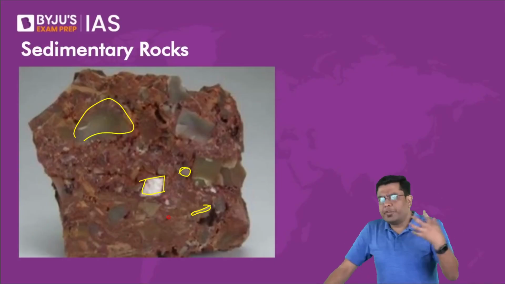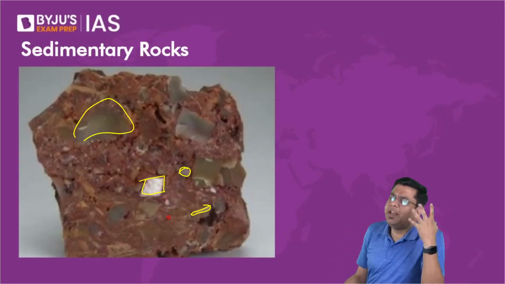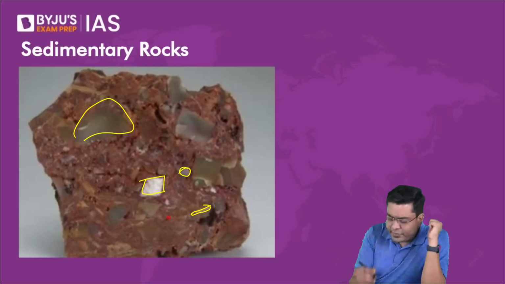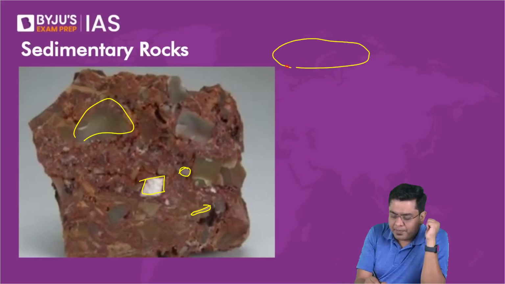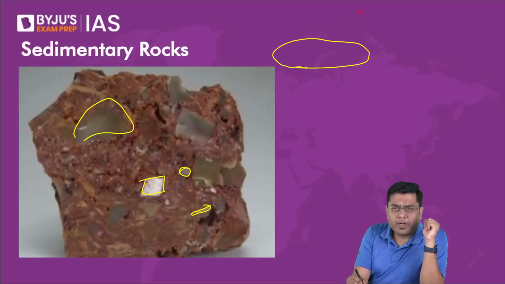The process of formation of sedimentary rock in itself is very different in various cases. How? Let us assume you have an existent rock type, an existent igneous rock type.